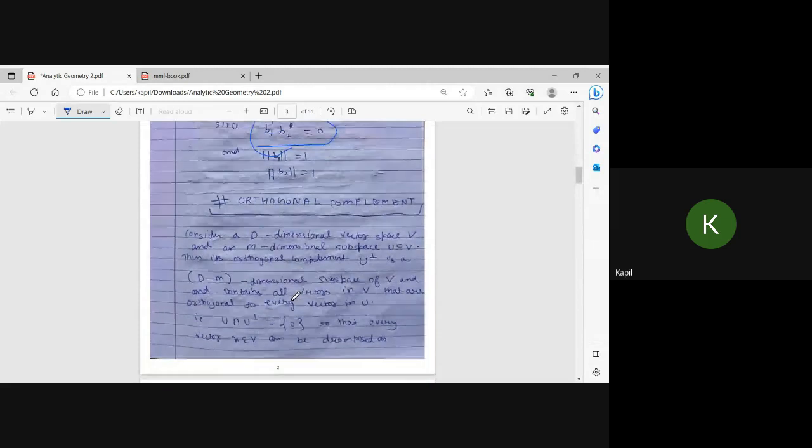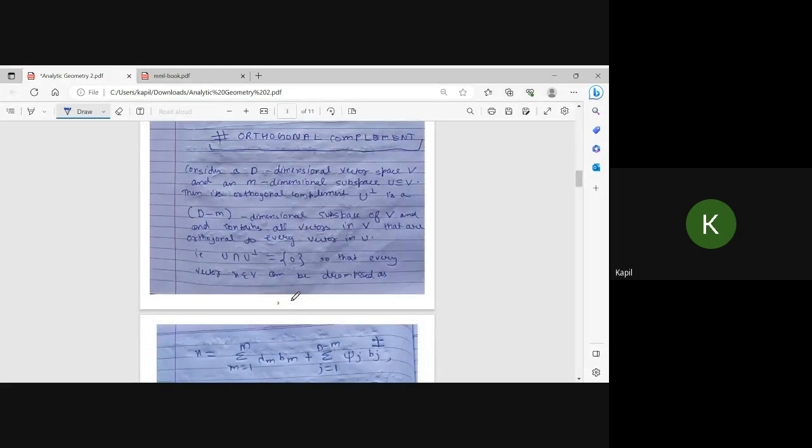Now let us discuss the next topic, orthogonal complements. Consider a d-dimensional vector space V and an m-dimensional subspace U, a subset of V. Then its orthogonal complement, denoted by U complement, is a d minus m dimensional subspace of V. And what is its speciality?